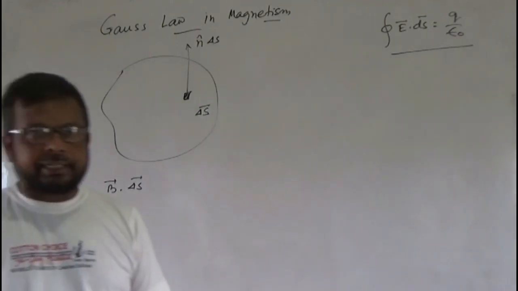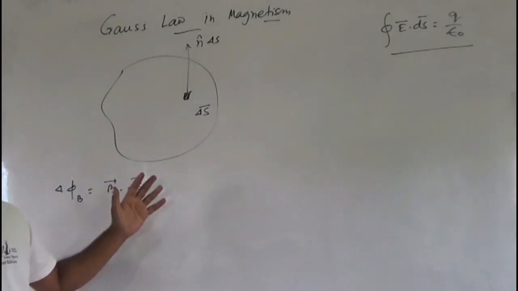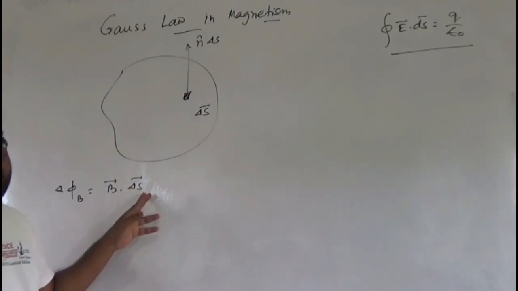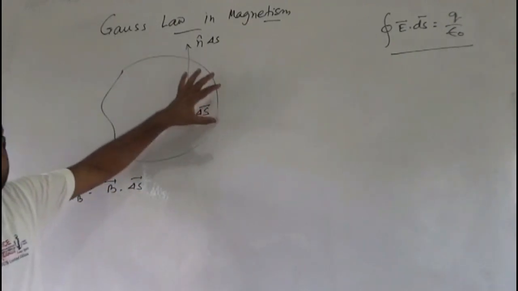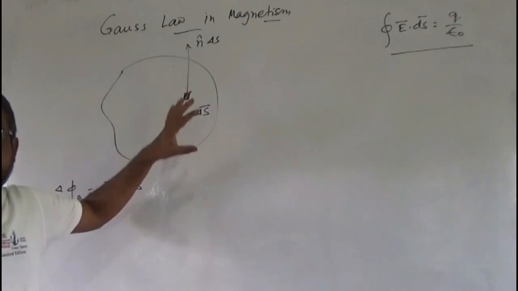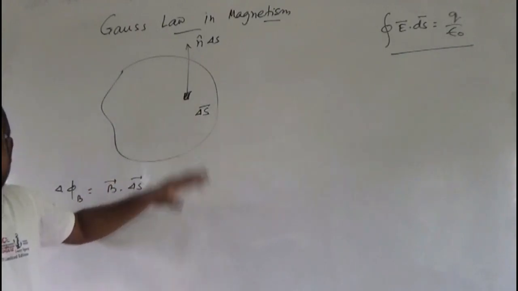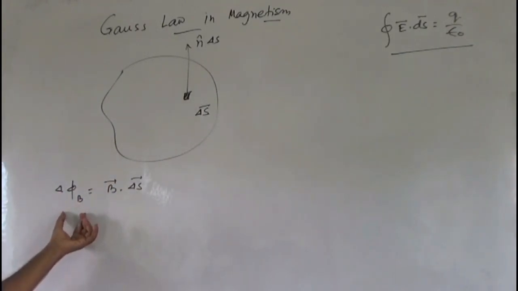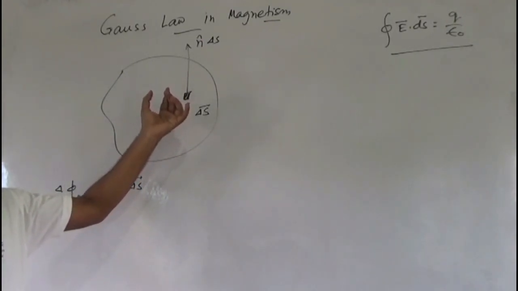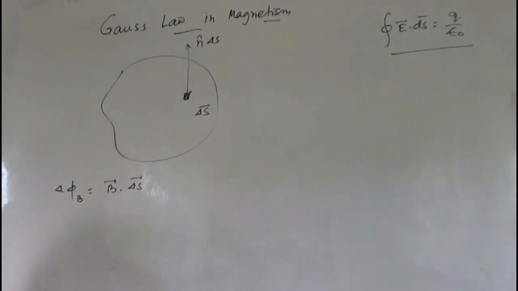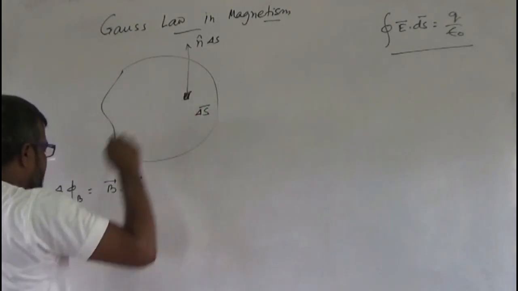The magnetic flux through delta S can be defined as delta phi B equal to B dot delta S, where B is the field at delta S. We divide this closed surface S into many small area elements and calculate the individual flux through each and every elementary surface element. We have taken a small elementary area delta S and the flux through it is this.